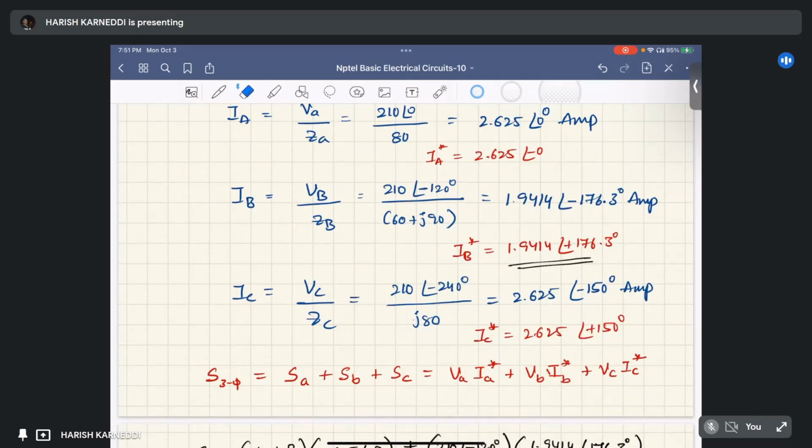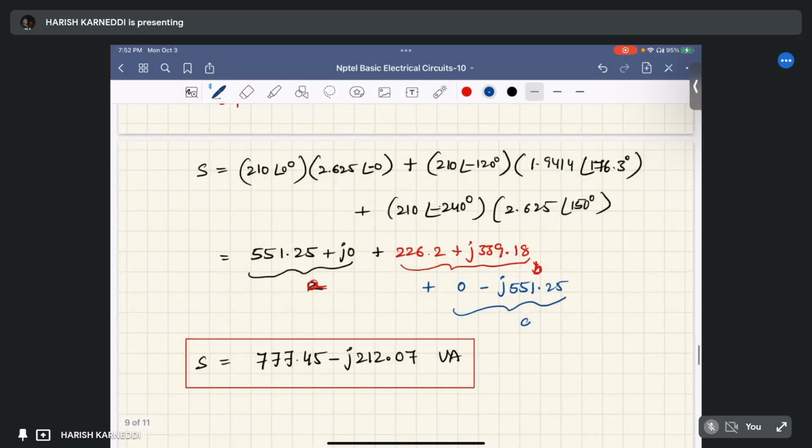So 210 at an angle of minus 240 by j80 equals 2.625 at an angle of plus 30 degrees. So the conjugate will be minus, just simply the opposite, minus 30 degrees.